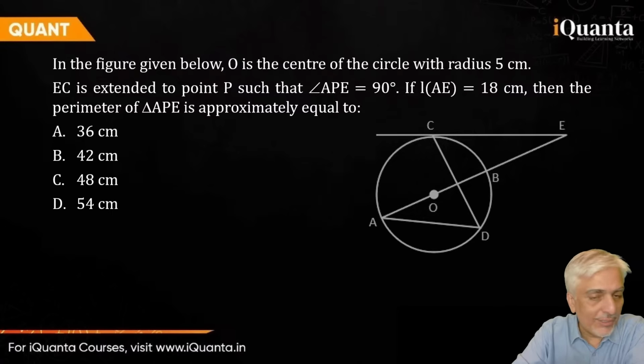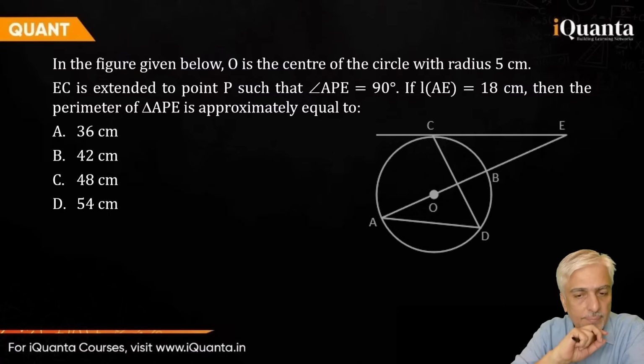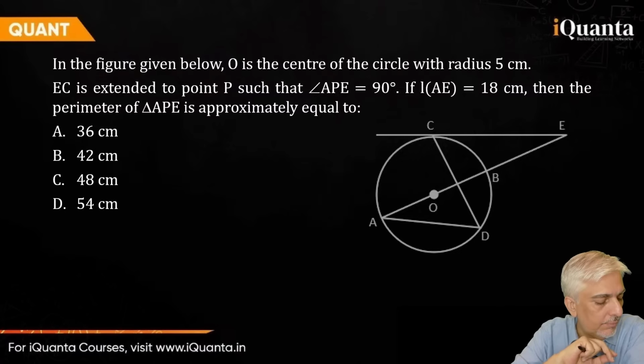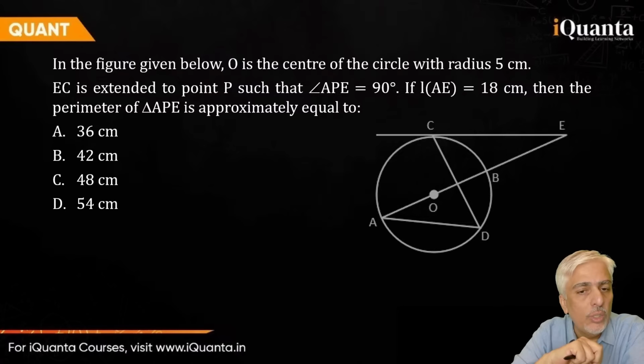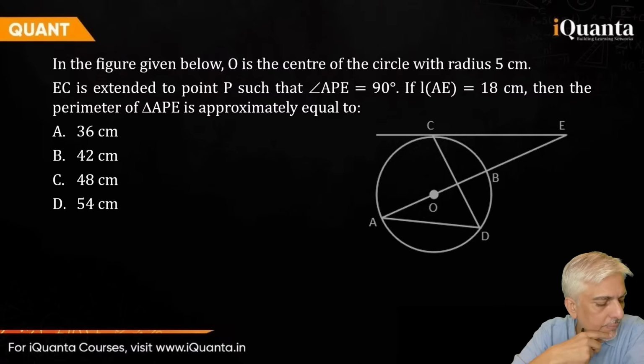Which question are you talking about, Matthew? Previous one or this one? Just let me know which question you are talking about. That's in the given figure. O is the center of the circle. What are you saying?